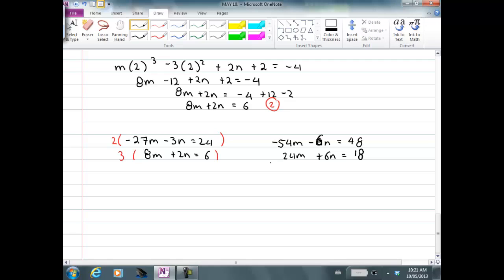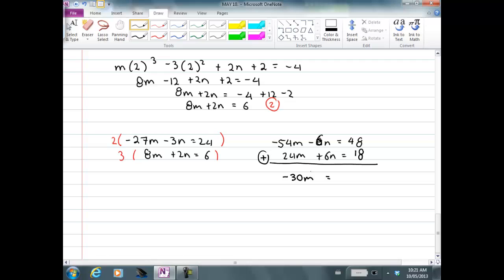Now, we're going to do the exact same thing. We're going to add these two equations together to get rid of the 6n. Go ahead and add the two equations together right now. Question? Substitution works perfectly fine. Nothing wrong with it. Okay, so I'm going to add the 2. And you should have negative 30m equals, go ahead, add 48 plus 18 together.